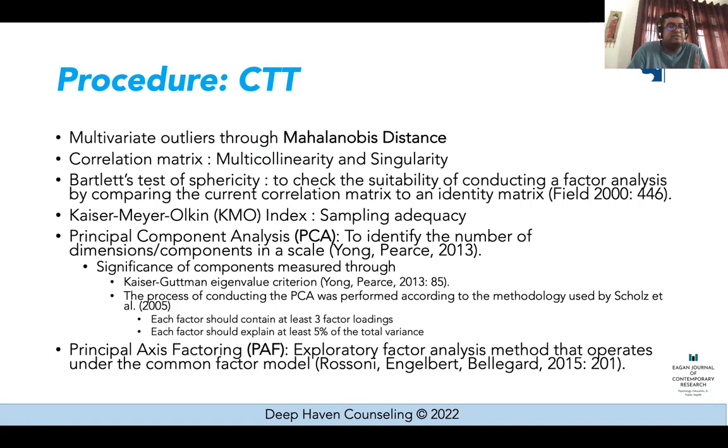So if we consider a particular component, the component has to have 3 factor loadings, and it should explain at least 5% of the total variance. And we also did principal axis factoring, an exploratory factor analysis method that operates under the common factor model. So that is also another factor analysis type that we utilized.